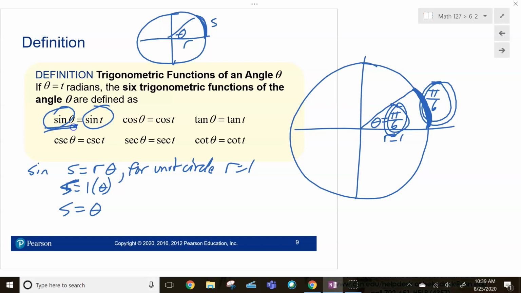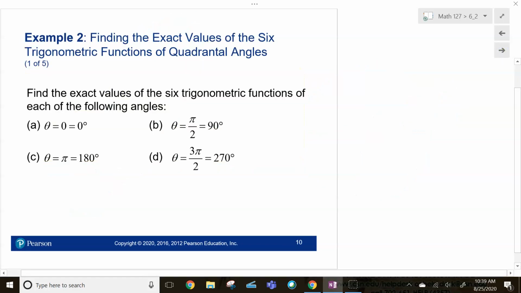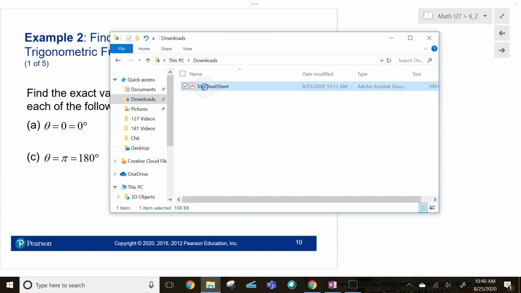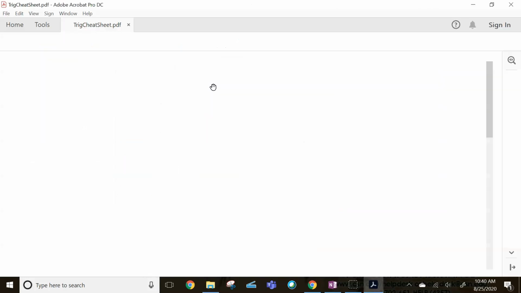So the sine of theta, the sine of the angle, is still going to be y. Cosine of the angle is still going to be x. Tangent is going to be sine over cosine, y over x, and so on. So now we can work some other problems. Let's look at the 6 trig functions of the quadrantal angle, and I'm going to also refer you to the trig cheat sheet in Canvas, which looks like this.